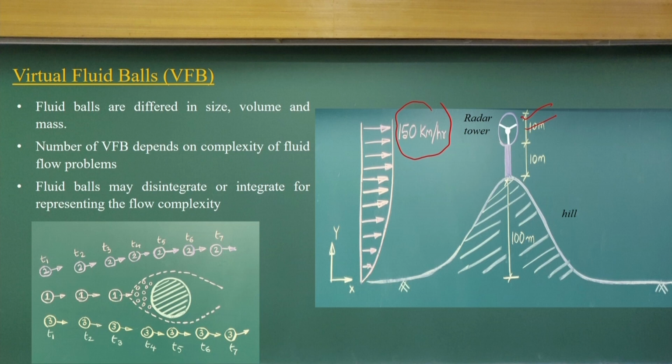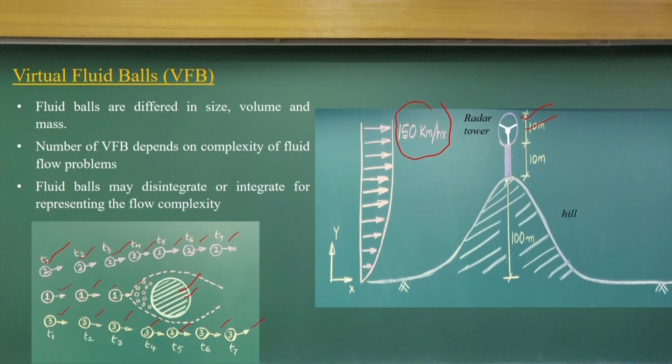if I am to compute it, what I will try to do is represent these towers as a small ball, okay, a spherical ball, and I will have a virtual fluid ball concept to find out what could be the diagram of streamlines.